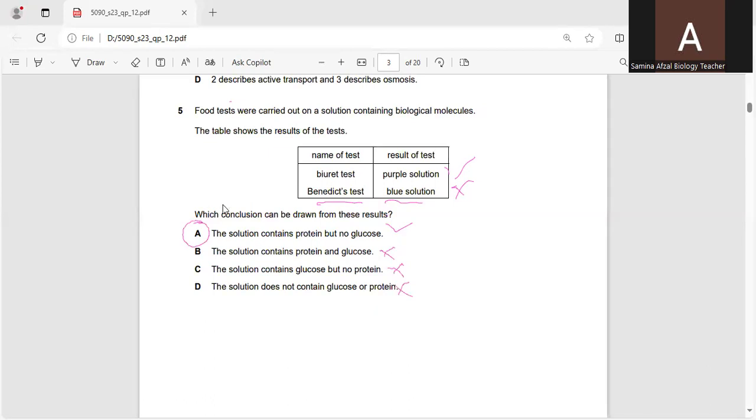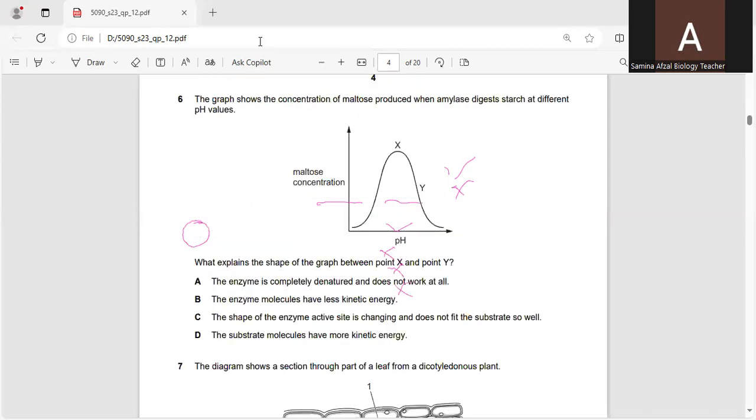Now I would like to move towards question number 6. The graph shows the concentration of maltose produced when amylase digests starch at different pH values.